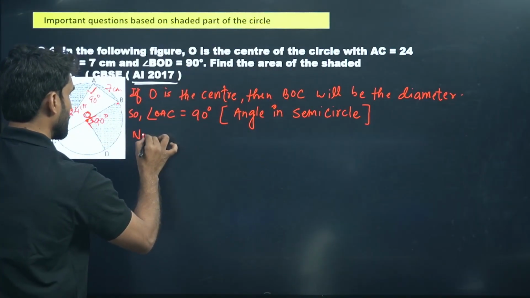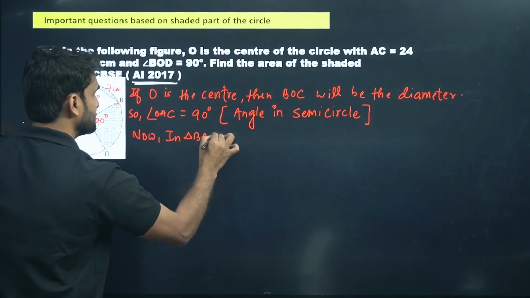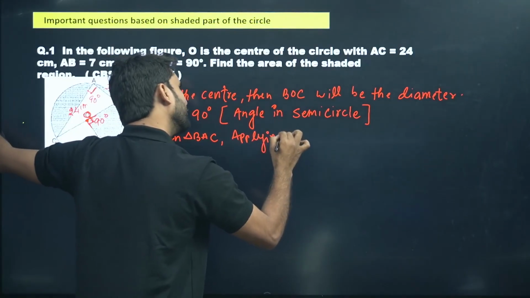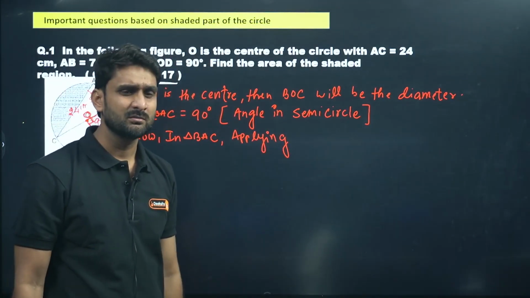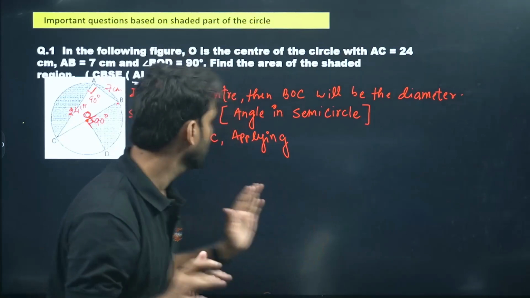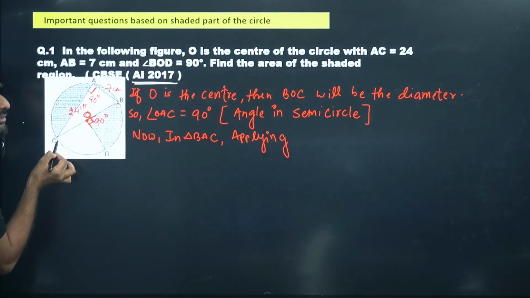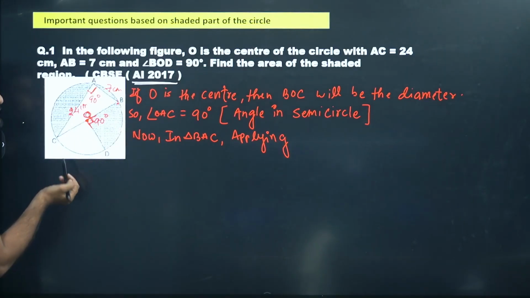Now, in triangle BAC, applying. Why are we doing this work? Just to calculate the radius. Because this is given here, 7 centimeter, and this is also given here, 24 centimeter. So we can calculate the hypotenuse, and that is equal to the diameter.